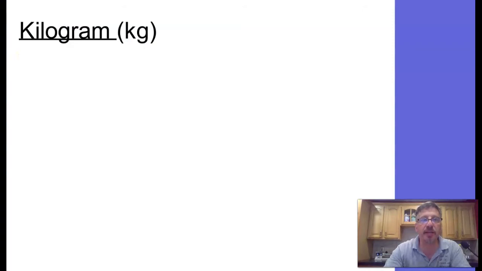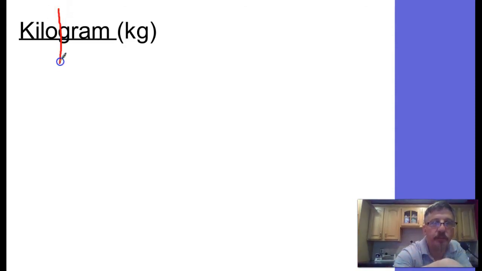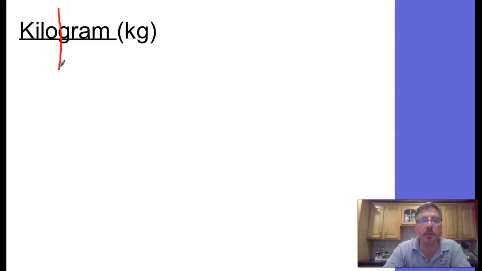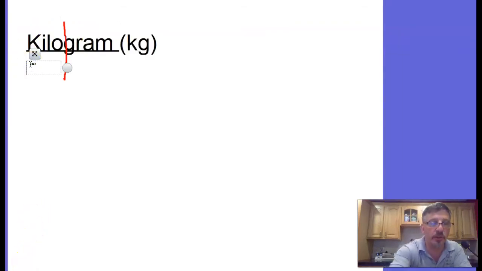So what's the prefix here in kilogram? Yes, it's kilo. So I'm going to draw a line just like I did before, and we're going to put the meaning. What do you think the prefix kilo means? It means 1,000. So it literally means 1,000 grams. So I'll write 1,000 here.